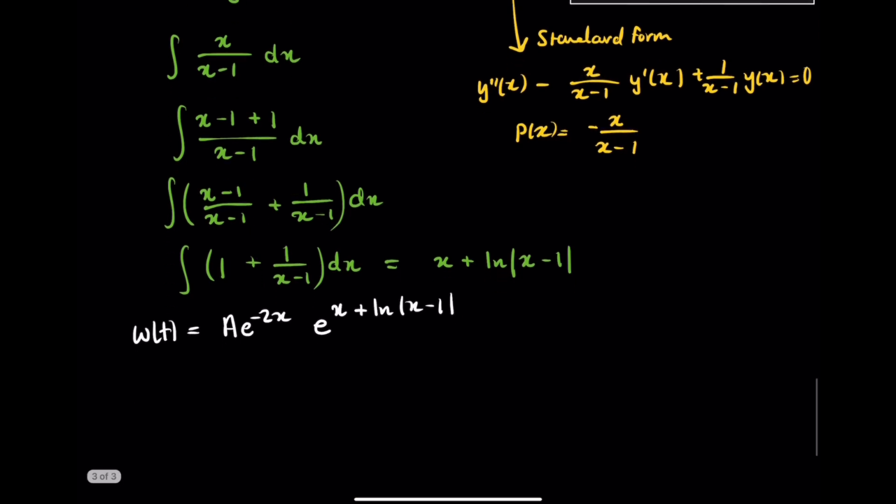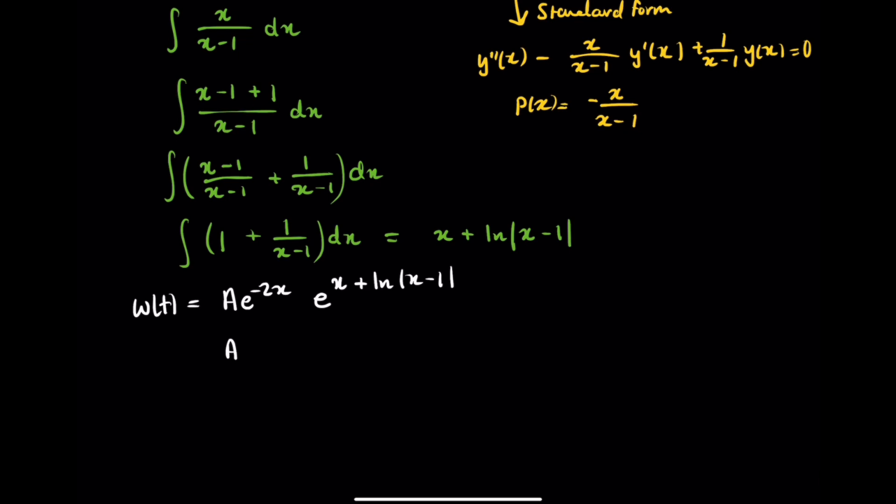From here, we can split it further: a e^(-2x) e^x e^(ln|x - 1|), like so.